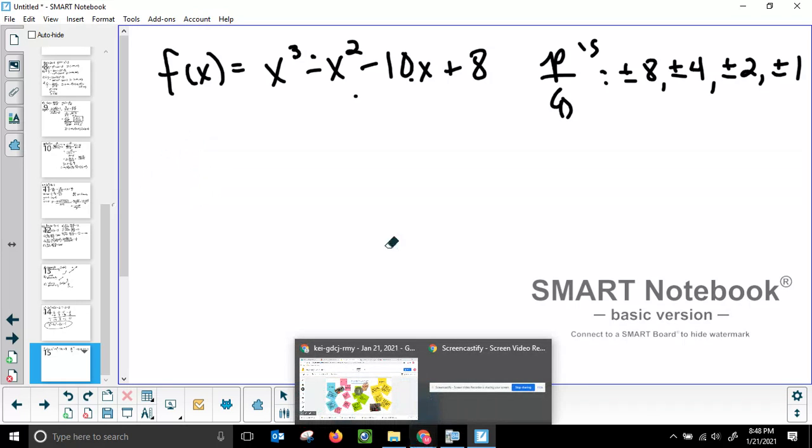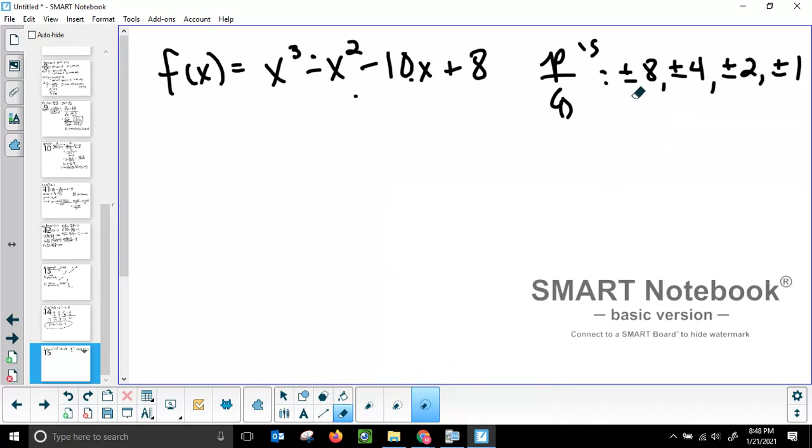Okay, so let's see, we did that. Okay, so 4 cubed would be 64, minus 16 is 48, minus 40 is negative 8. Ooh, that might actually work.